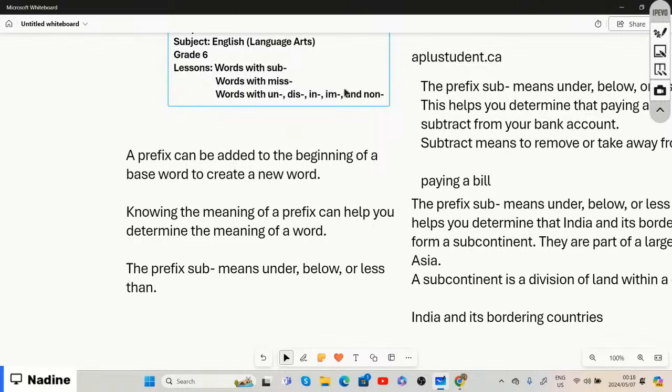As soon as we add the prefix to that word behavior, for example, it changes that word. Knowing the prefix of the word will help you to determine the meaning of the new word that you will be creating.